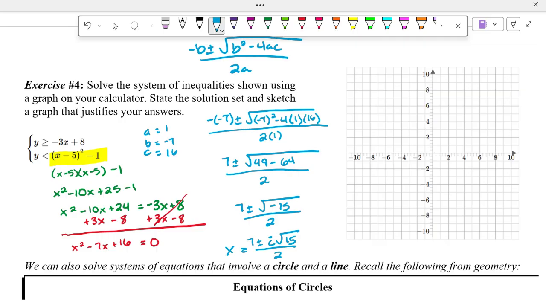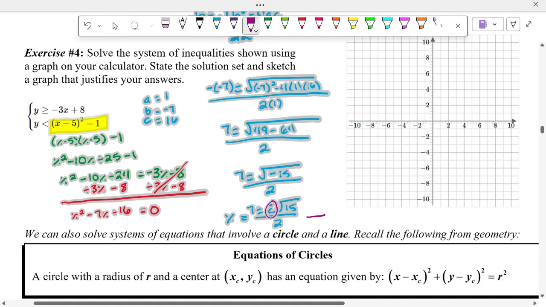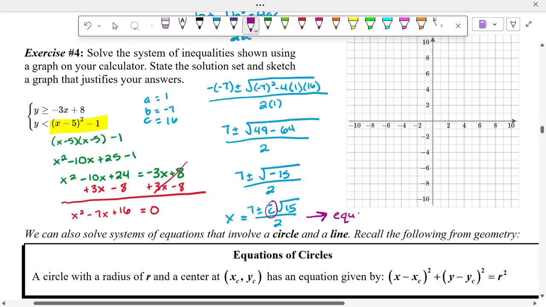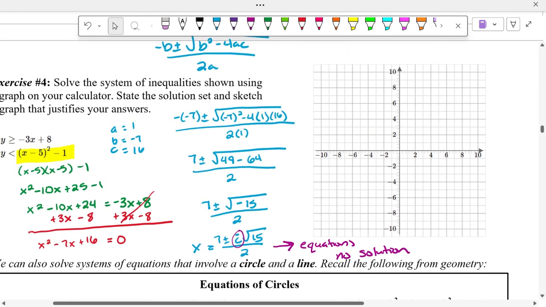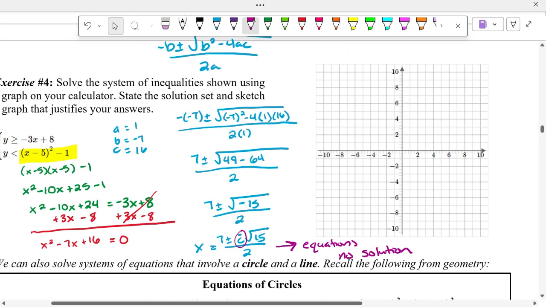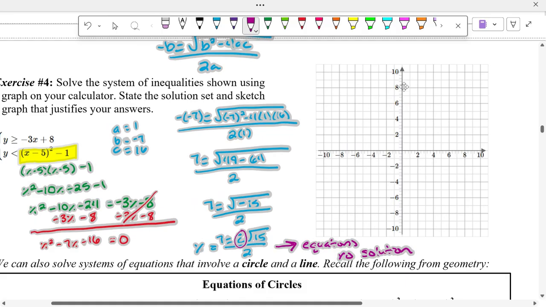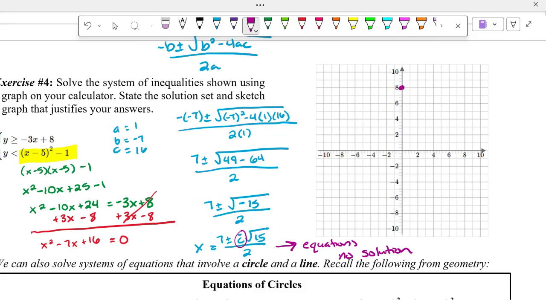So this just lets us know that in terms of the system of equations, since it has that i in it, it just means in terms of the equations, there's no solution, or no real solution. However, that cannot be said for our inequalities. So I'm going to do a quick graph of these first. For the first one, I got an x-intercept at positive 8.